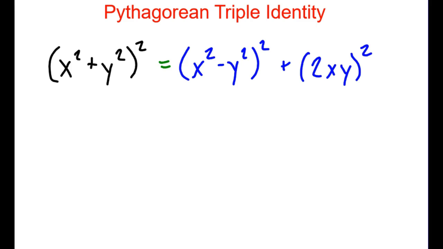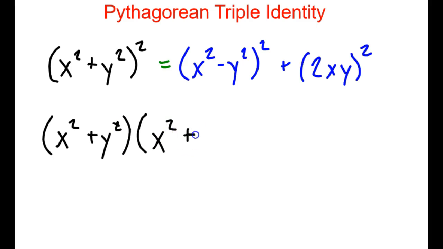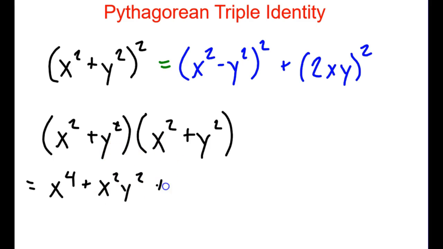So first we're going to work with the left side. If I have (x squared plus y squared) quantity squared, I'm taking that, multiplying by itself. So now we just have to use the FOIL method. x squared times x squared is x to the fourth. x squared times y squared is x squared y squared. y squared times x squared is the same thing, x squared y squared.